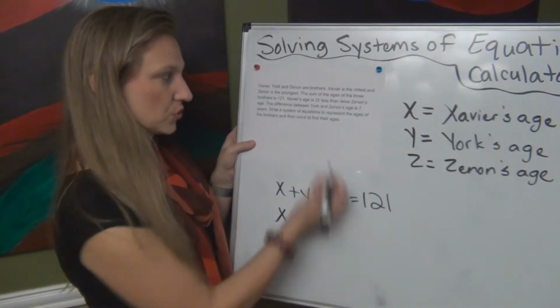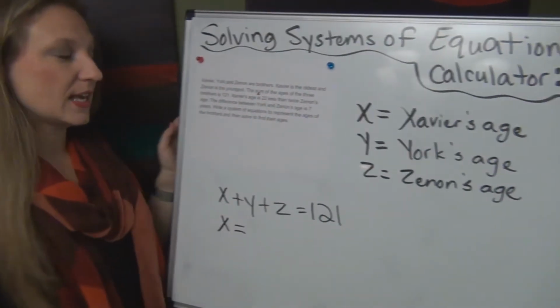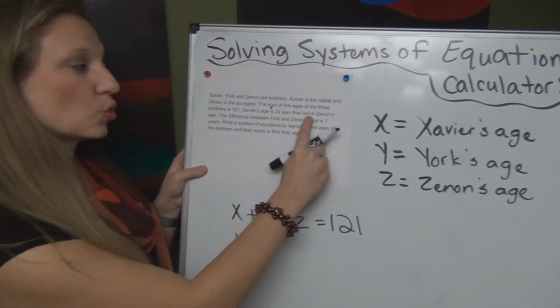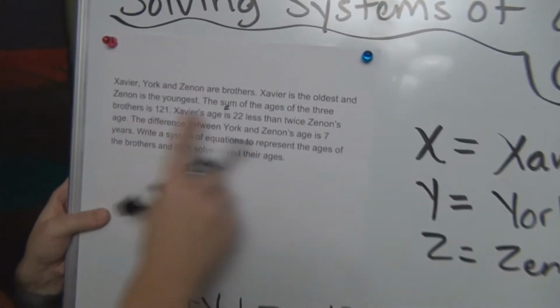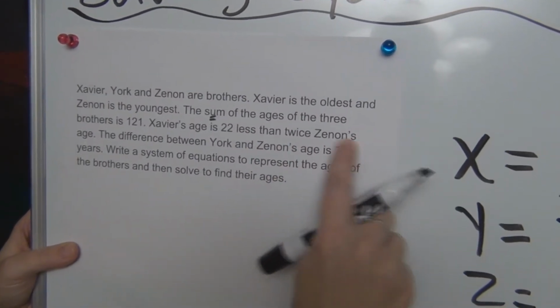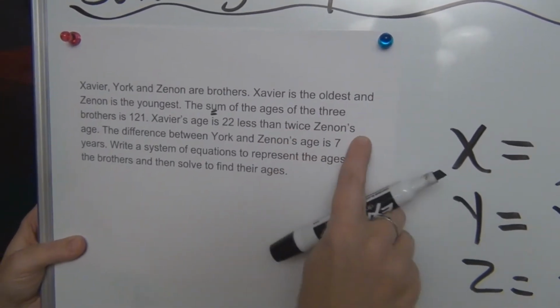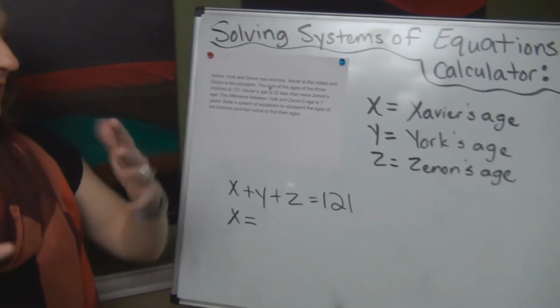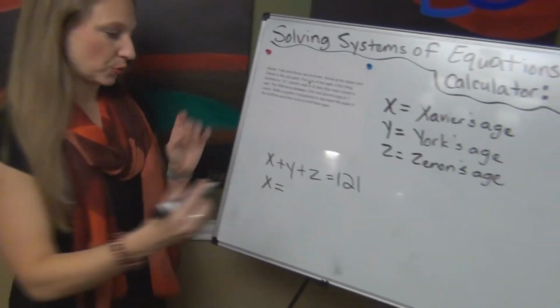Next, it tells us that Xavier's age is... anytime you see the word "is," that just means equals. So Xavier's age is 22 less than twice Zenon's age. The word "than" means that we're going to do the second part of the sentence first. So first we want to do twice Zenon's age. If I do twice something, that means I'm going to multiply it by 2.